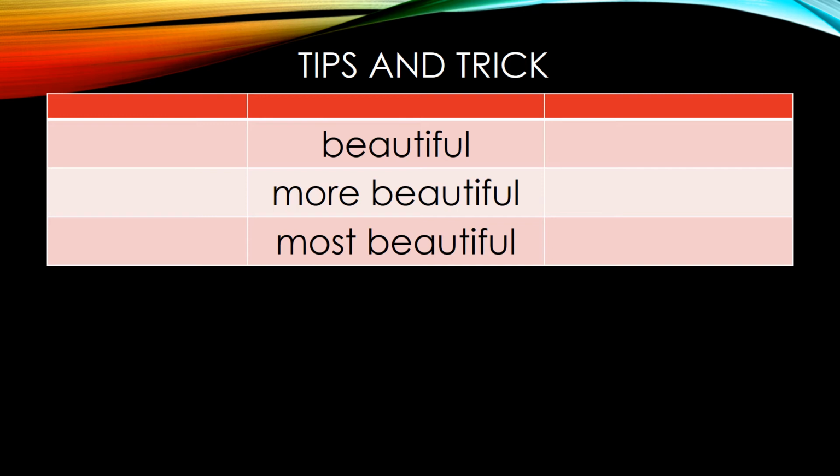So actually it is more likely the same as what we have learned before, with the use of the word then and also the. If you come across a sentence with the word then after the blank, you have to add more. For example, she is more beautiful than the flower.